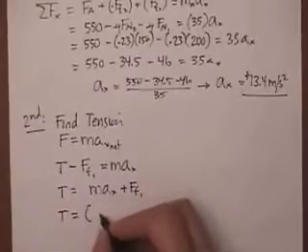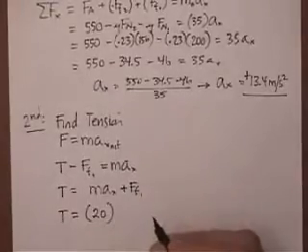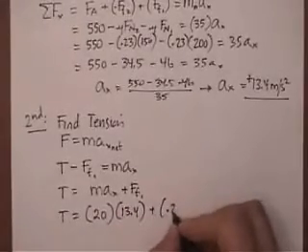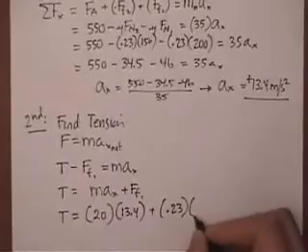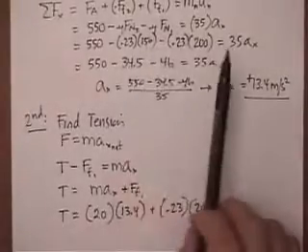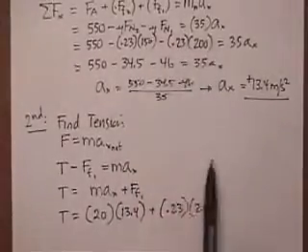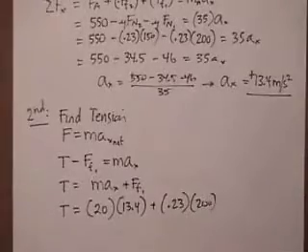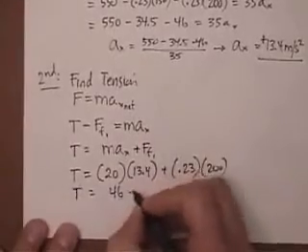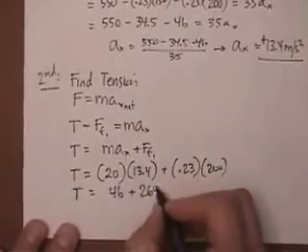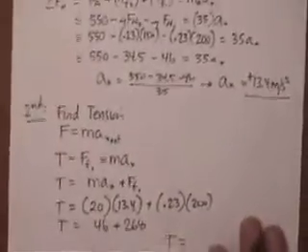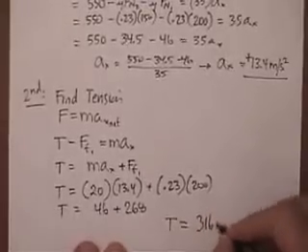So that's going to give me 20 times 13.4, and I'm going to add that to 0.23 mu and 200. I guess you could just look back and figure out what F1 was. Right there. Just take that value and put it in, but I'll just plug it in all again. Put everything in, you're going to get 46 plus 268. 268 there, 46 there. And so your tension ends up being equal to, when you add that up, 316 newtons.